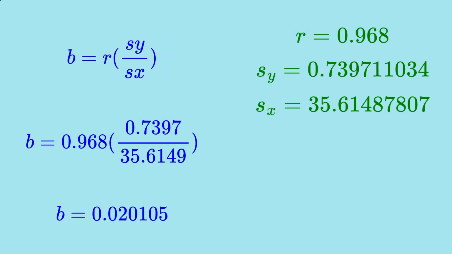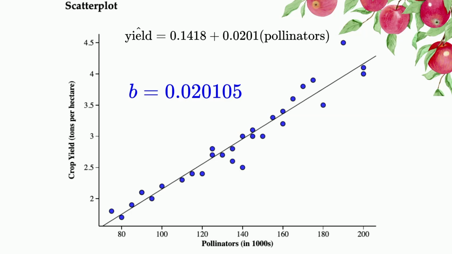Our correlation coefficient is 0.968, and then the ratio of our standard deviations is 0.7397 over 35.6149. When we do this calculation, we get a slope of 0.020105, which is what we were given with the technology that created our regression line.